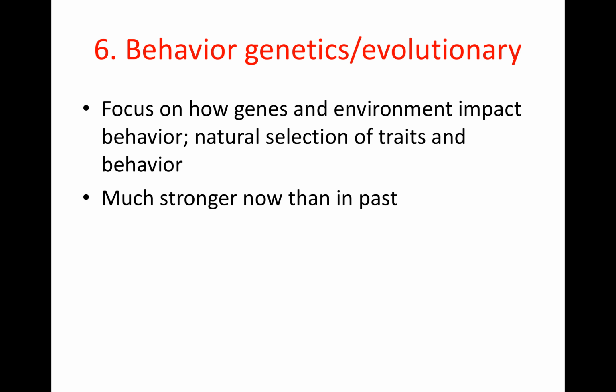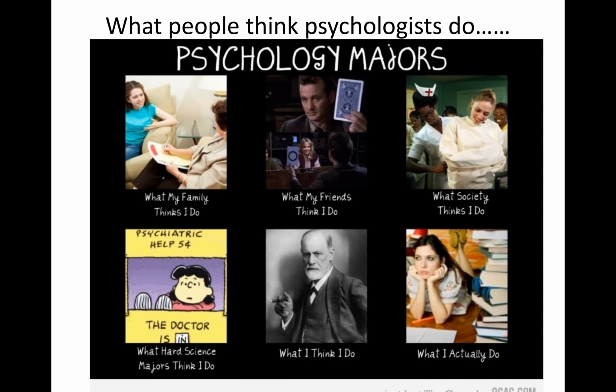And of course, most people who are in behavior genetics believe that environmental factors are important as well. I don't think any geneticist would say that just genetics is the only thing that shapes behavior. So it's not that extreme, but it does give us an appreciation of how important our heritage is.